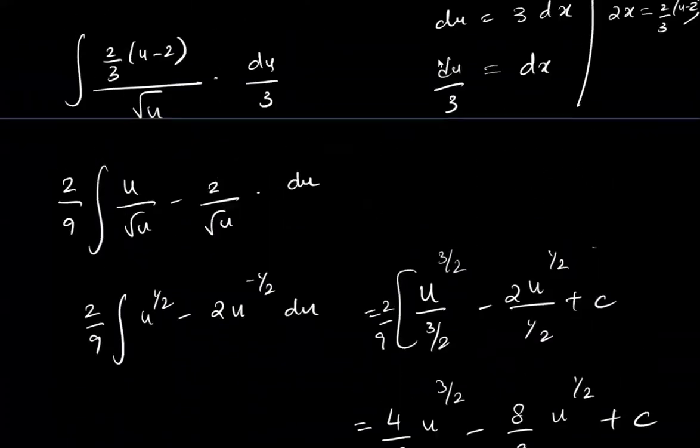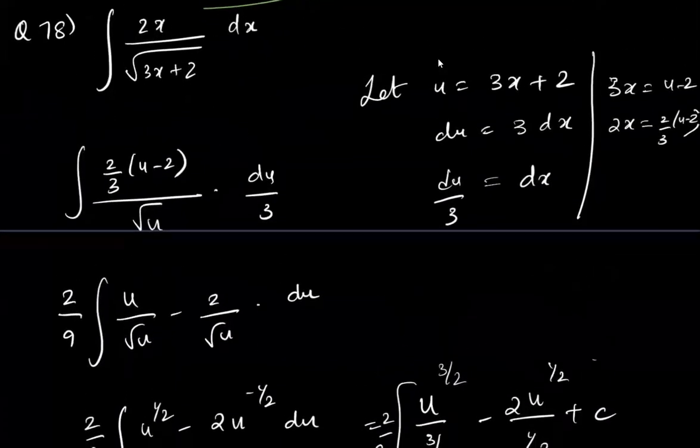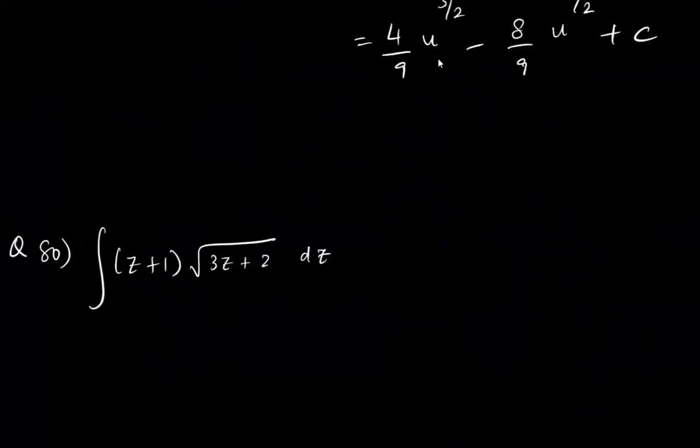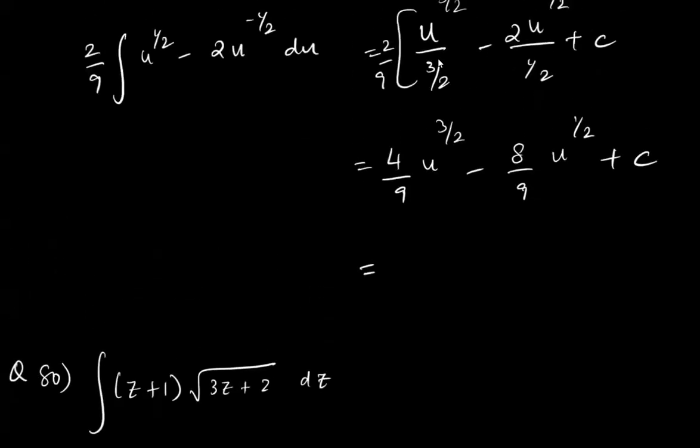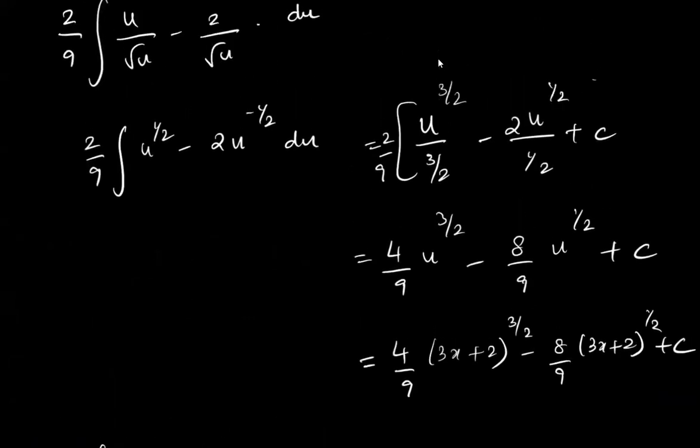But what was my u to begin with? My u was 3x plus 2. So this becomes, that's my final answer here. You can take a look at this.